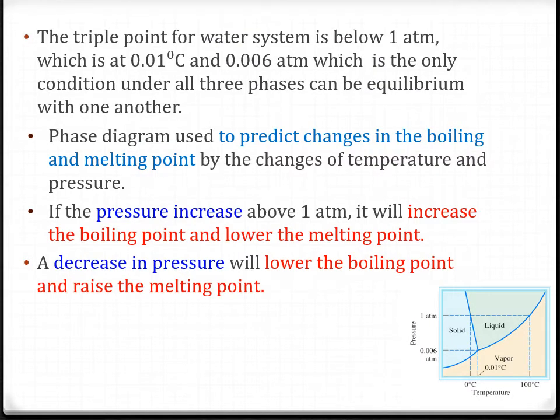From the phase diagram of water, we can see here the normal melting point of water is 0 degrees Celsius, and the normal boiling point of water is 100 degrees Celsius.